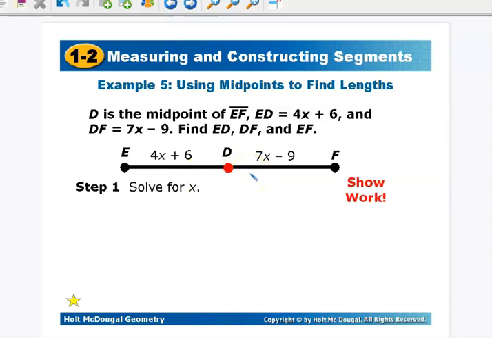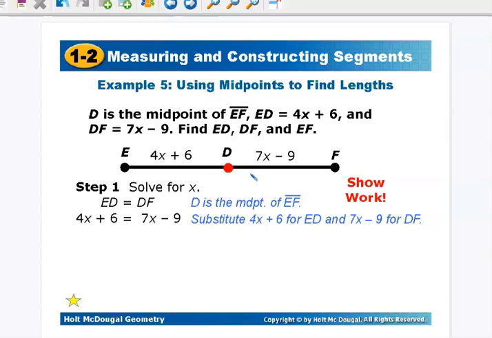So we can set it up that way. We're going to solve for x here. D is the midpoint of EF, so we write ED equal to DF. Our next step is substituting in the expressions. Once we have the expressions, two expressions equal to each other, make it an equation. We just need to solve that equation.